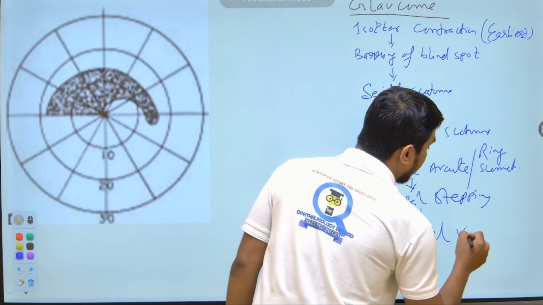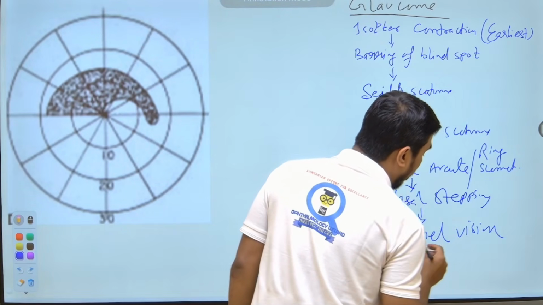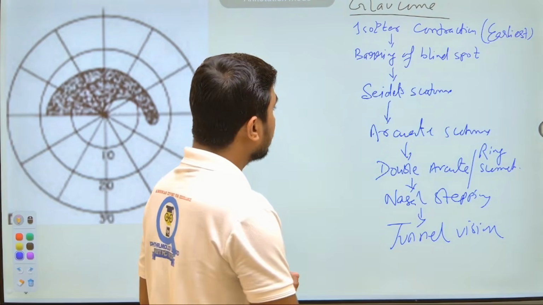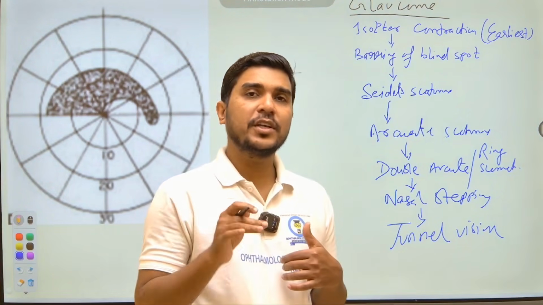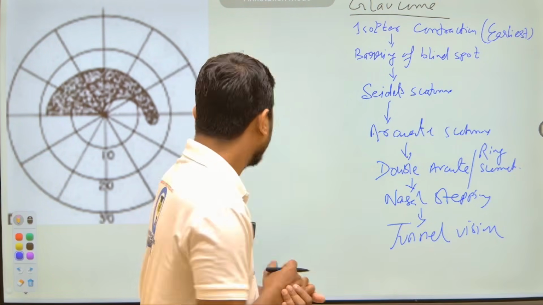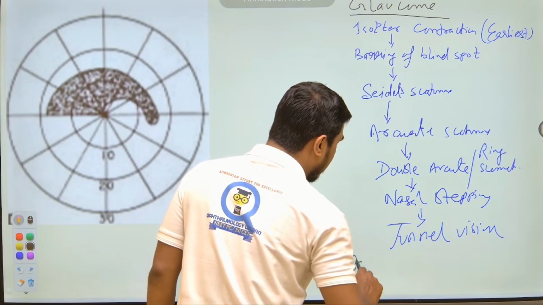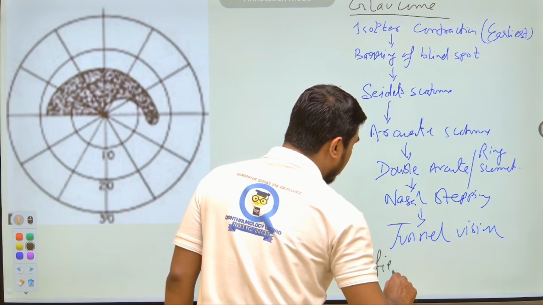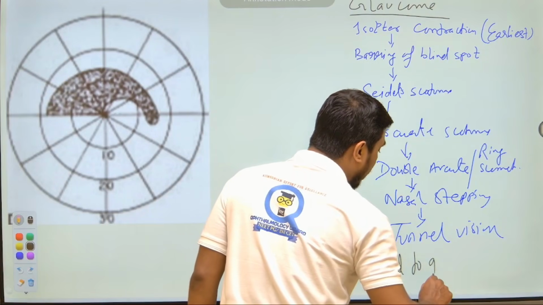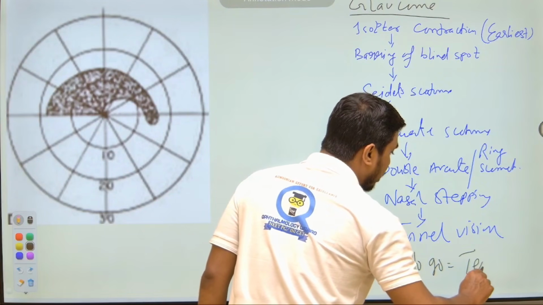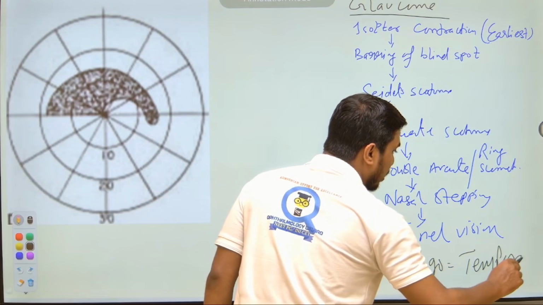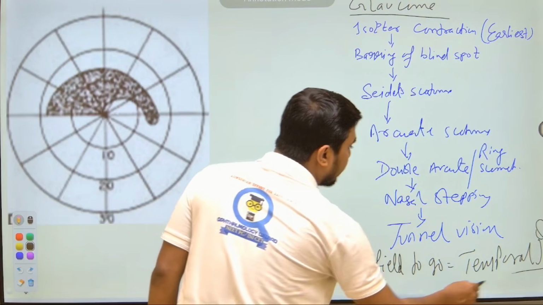Last is tunnel vision. So the last field to go is the temporal field. This is also a very important MCQ.